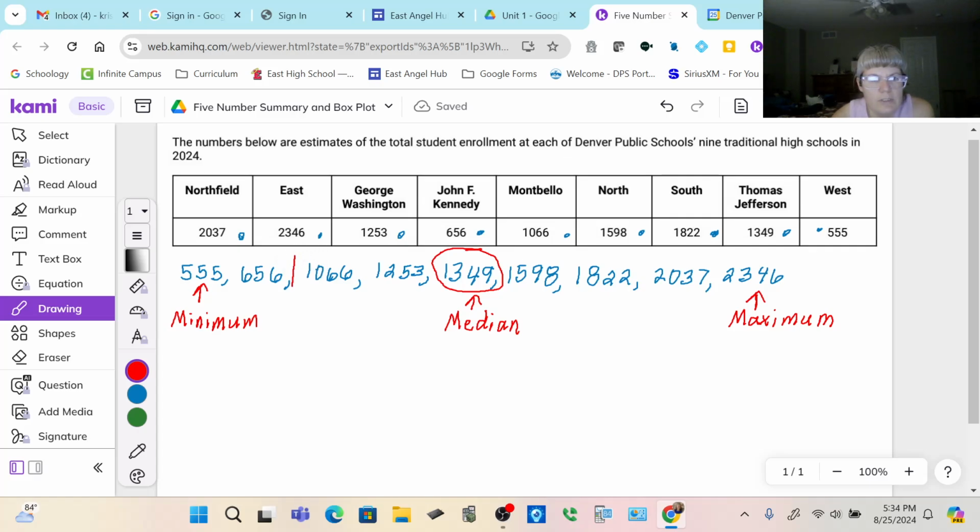My first quartile is going to be the number that is in the middle. Now notice I don't have a number right now. All I have is a line separating my 4 numbers into 2 numbers. So to find that first quartile, I need to add the 2 numbers and divide by 2.